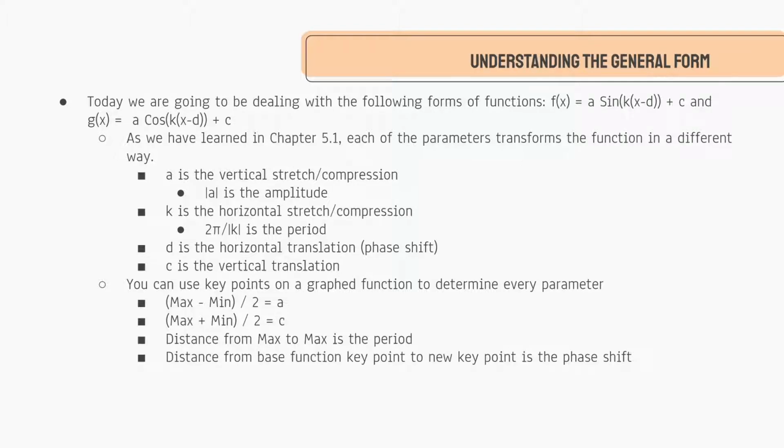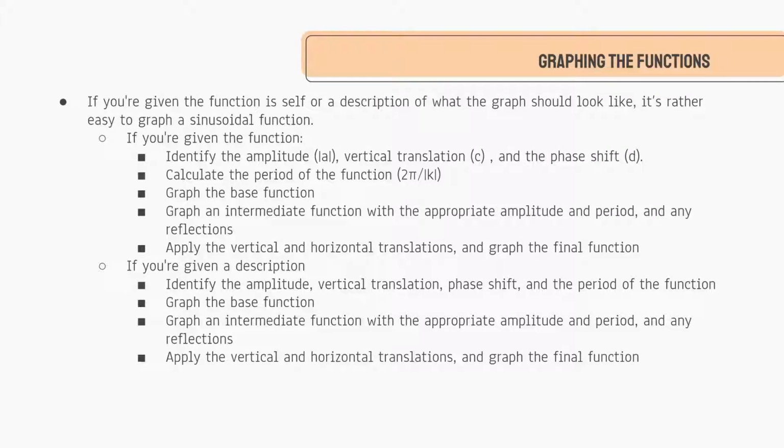You could also go from minimum to minimum, but I personally don't like to do it that way. Then you could also find the distance from the base function key point to the new key point in the phase shift. I will show you how to do these on a graph itself in the next part. With that being said, let's talk about how to graph the functions.